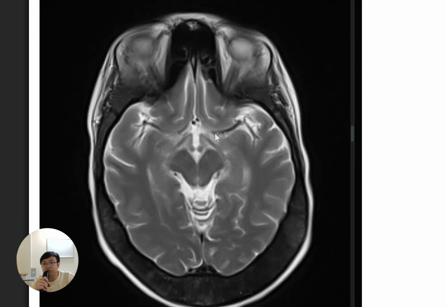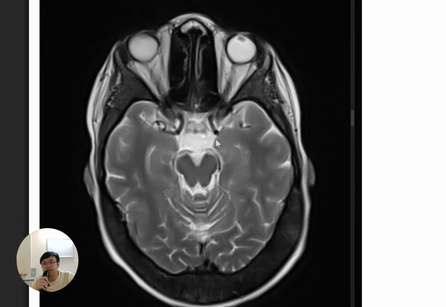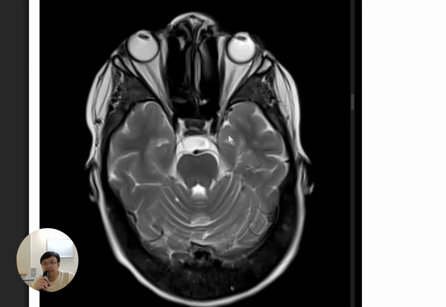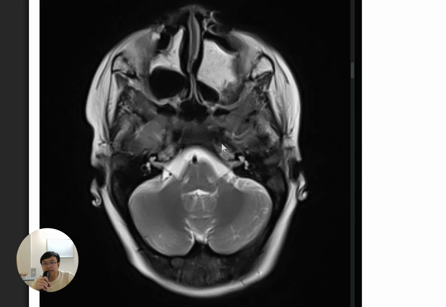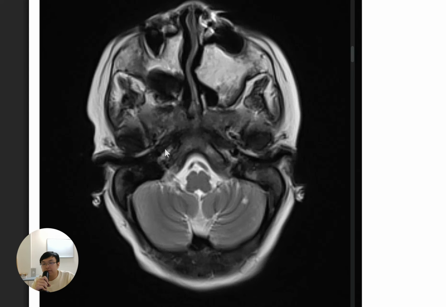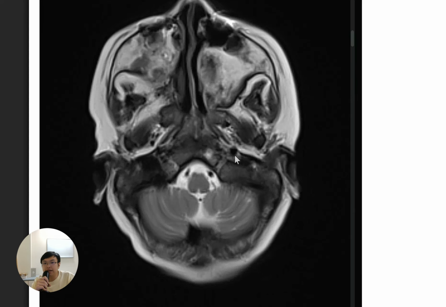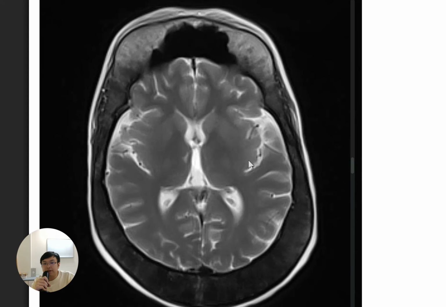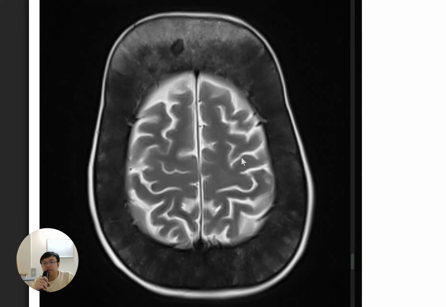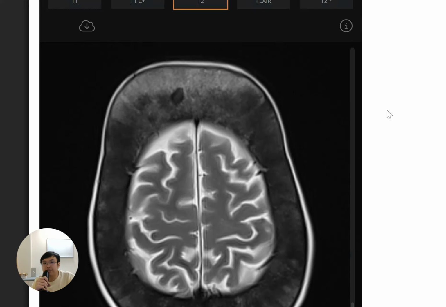At least in T2 weighted sequence, it is a good sequence for us to appreciate any preserved flow related signal void. And here we can still see a pretty good flow related signal void at the carotid canal.